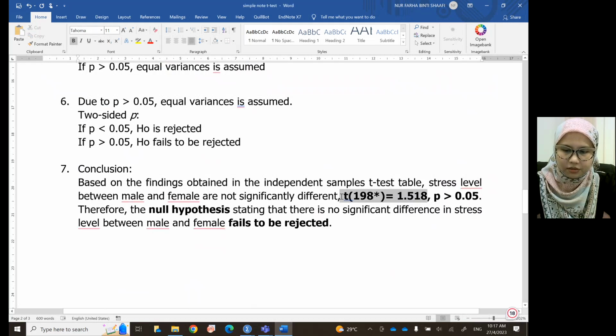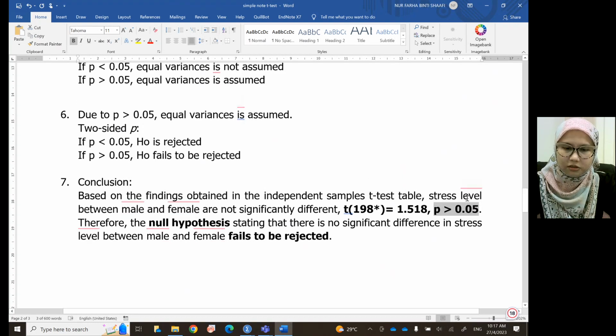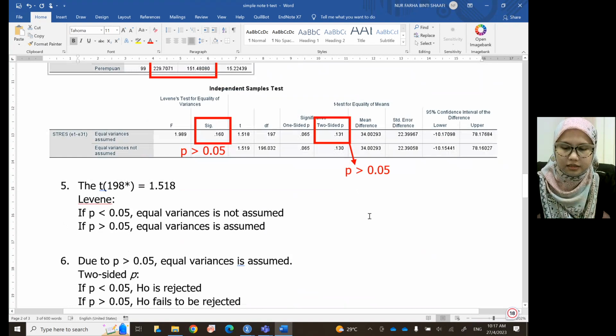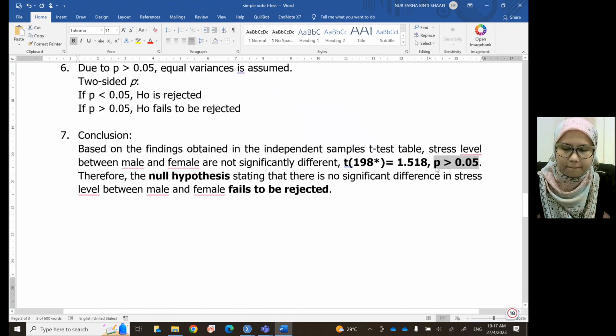At this value, your significance P value is more than 0.05. Where did you know that it is more than 0.05? Because you look at the two-sided P value, which is 0.13, more than 0.05. That's why you write P more than 0.05.